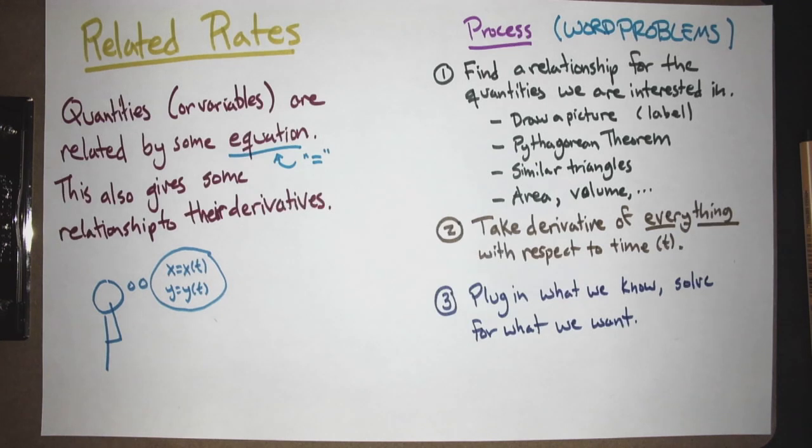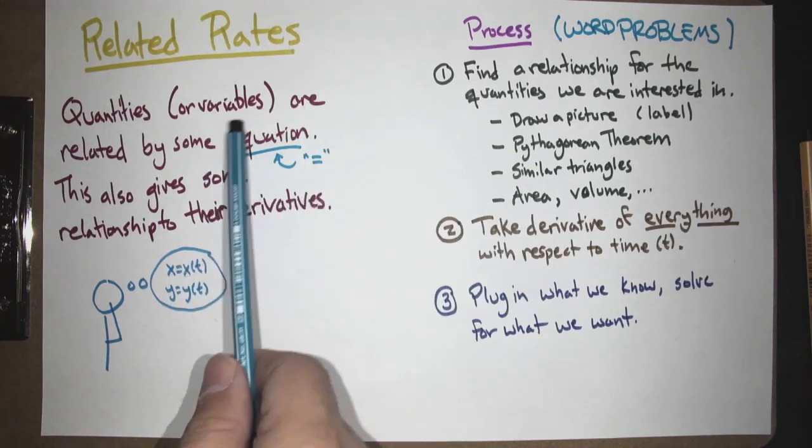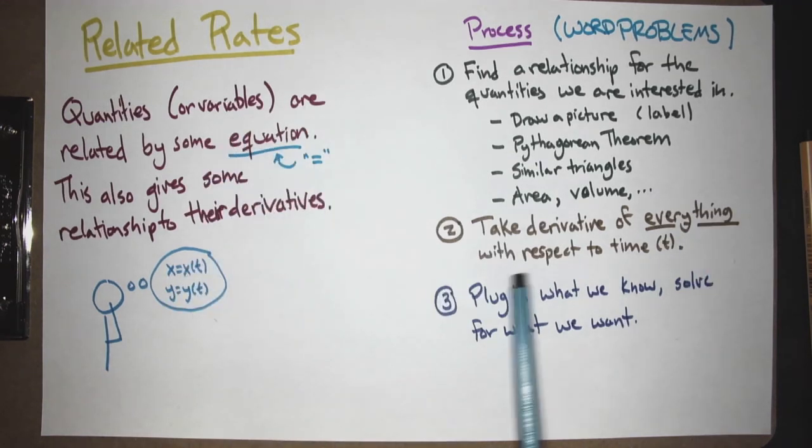Once we've found our relationship, our equation, if you will, take the derivative of everything with respect to time. Use your chain rule. And if you're taking the derivative of x with respect to time, what's the derivative of x with respect to time? dx dt.